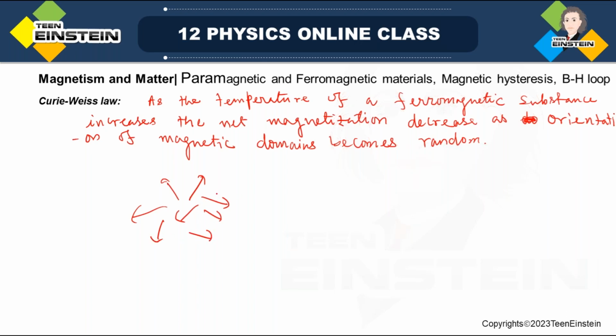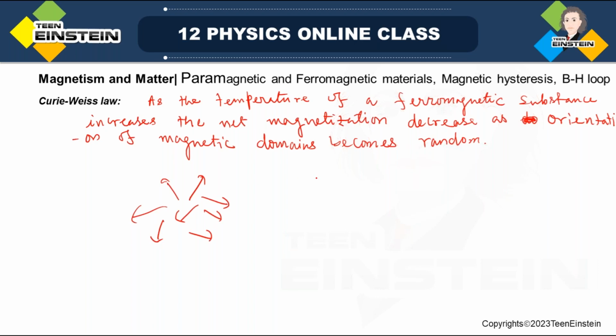Paramagnetic material has permanent dipole moment due to atomic moment of unpaired spin. You have atomic dipoles, but because of random orientation of these dipole moment vectors, the net magnetization becomes zero.